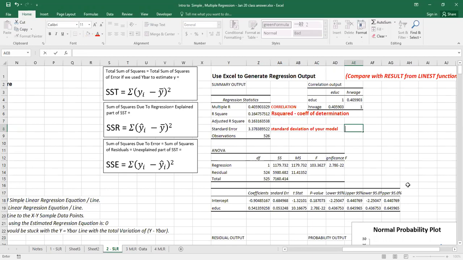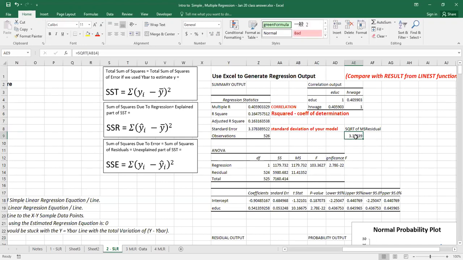It's the square root of mean square residual. Let me just show it. Where do I put it? So here, it is equal to the square root of your mean square residual. This one. So it's like the standard deviation of our model.